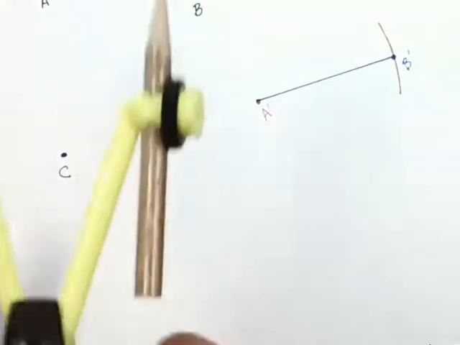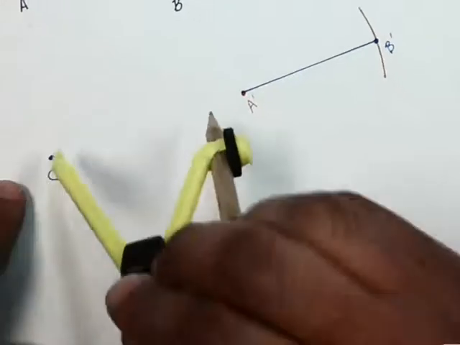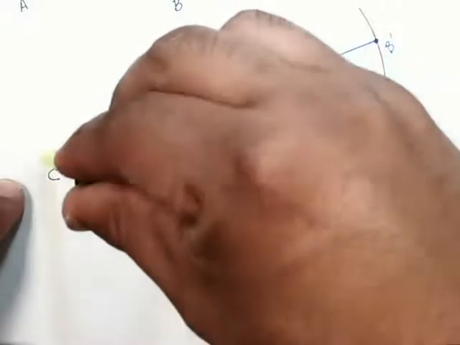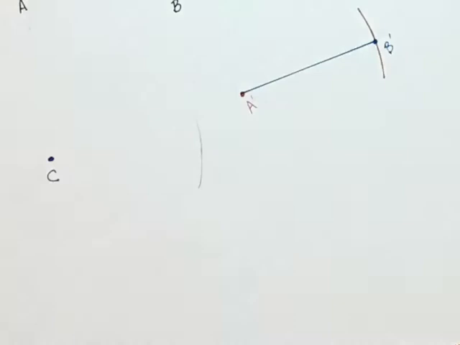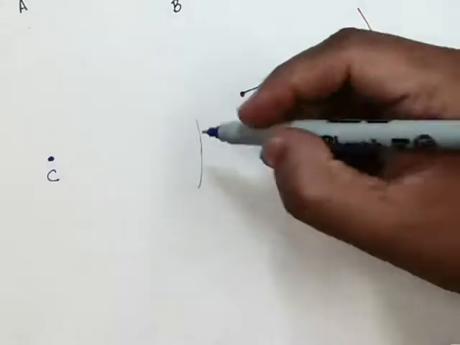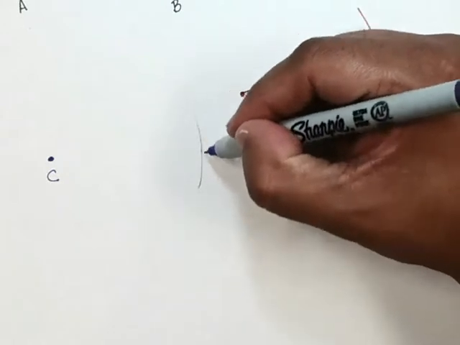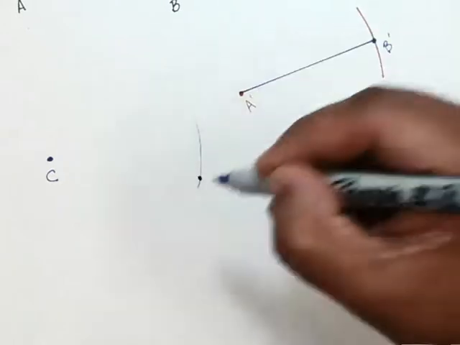Right. Then you're going to put the metal tip on C, and you want to make an arc like so. And just like before with the other method, if I pick a point on that little arc here, we'll call this one D.